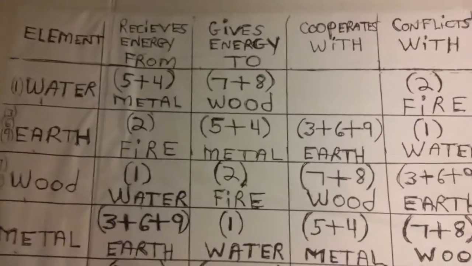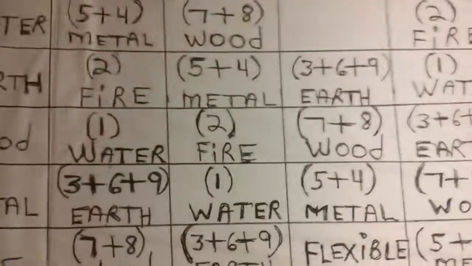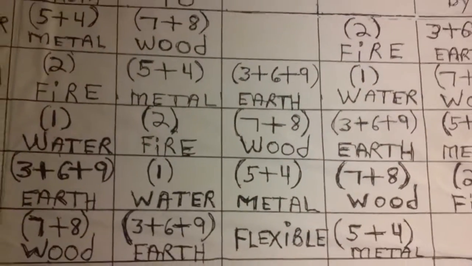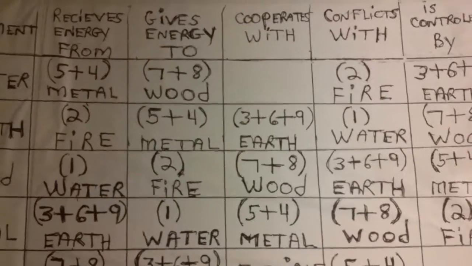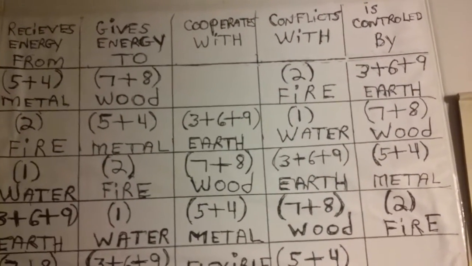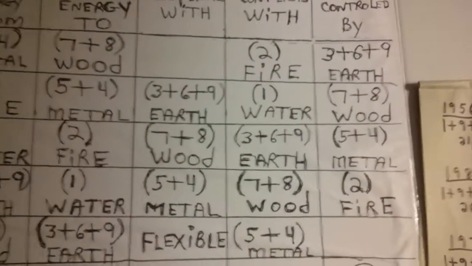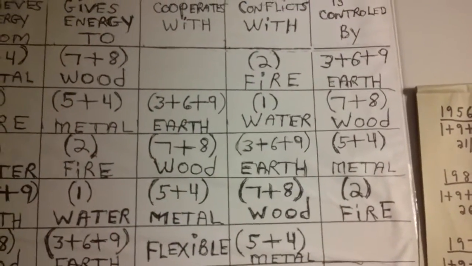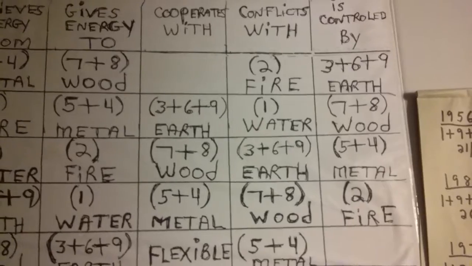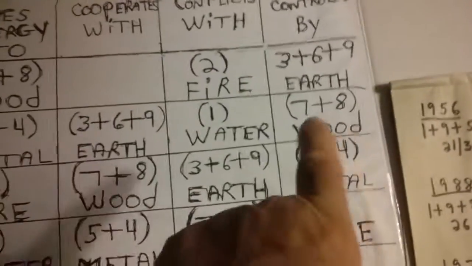Now it cooperates with other wood, so wood cooperates with wood. We're going through this real slow. It cooperates with itself, any wood, and it conflicts with the earth because the tree roots go into the earth, and it takes over the earth, and there's a big conflict. Now it's controlled by metal.